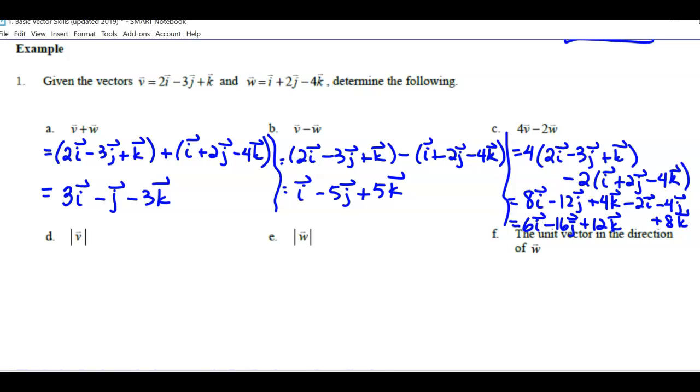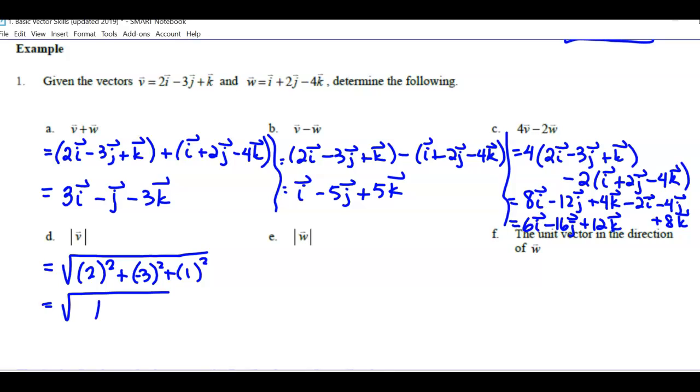All right, and then the magnitude of v. So remember back to Math 20, that's where you take the square root of the squares of the components added together. So that's going to be 4 plus 9 plus 1, which is the square root of 14, and reduce it if you can.